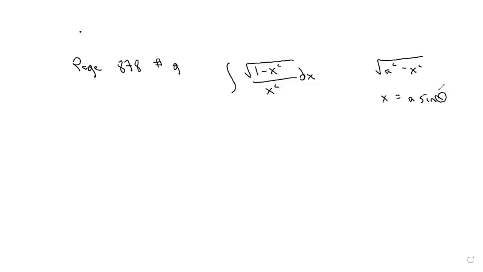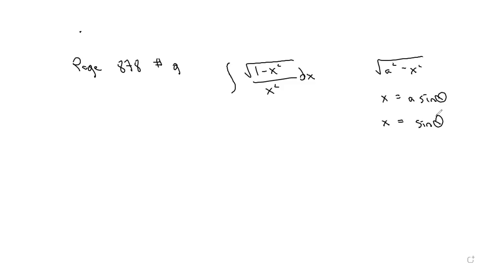If you compare this to the integral, you'll see that the a squared part corresponds with 1, so a is just 1. So our substitution is fairly simple. It's just x equals sine theta, because there's no point in writing the 1.